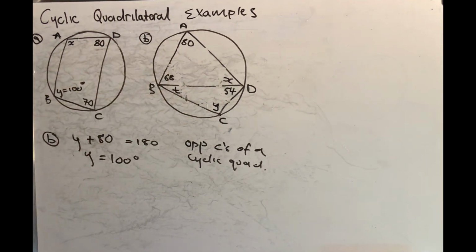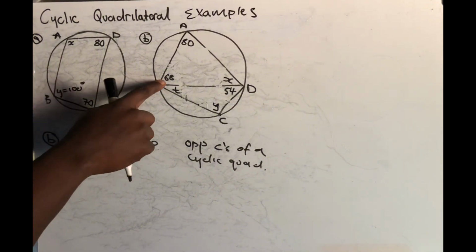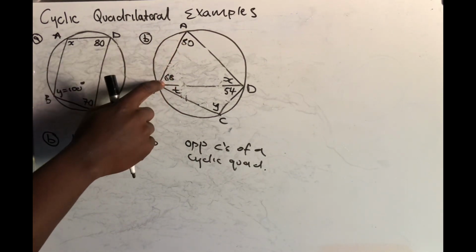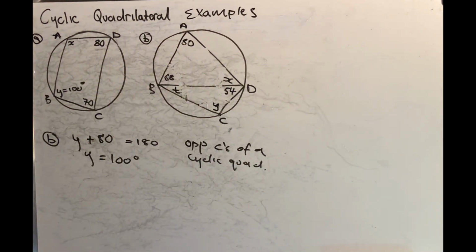So x lies on the top triangle. We have two angles in the triangle, but we are only left with one angle.